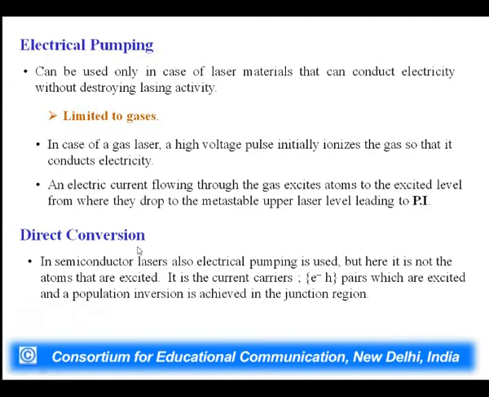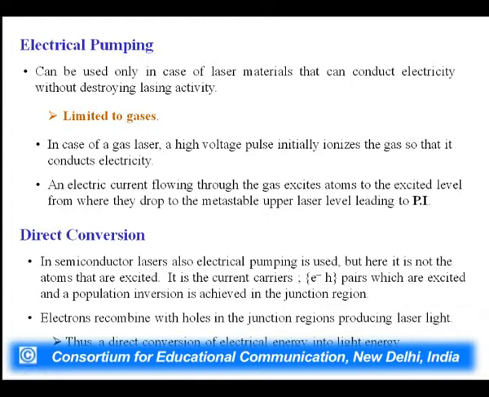Direct conversion takes place also in semiconductor lasers. Electrical pumping is used here too, but it is not the atoms that are excited. It is the current carriers, the electron-hole pairs, which are excited, and population inversion is achieved in the junction region, where holes and electrons are used for the pumping process at the barrier level.